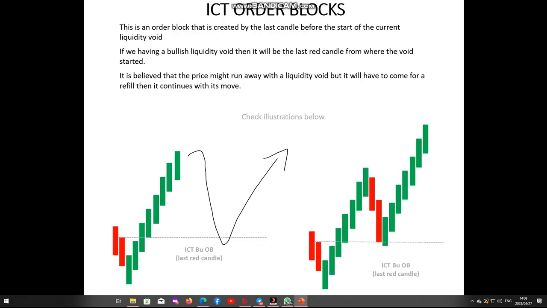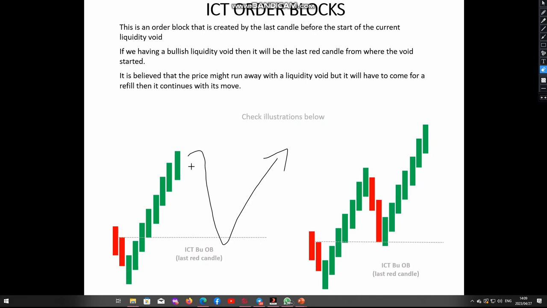I'll try to give some illustrations here. If you check now, we have ICT order blocks and the other one.